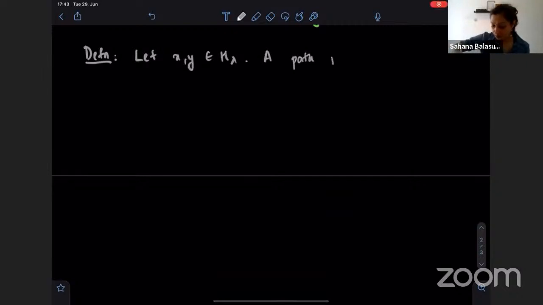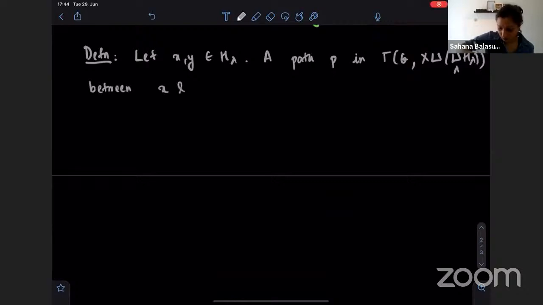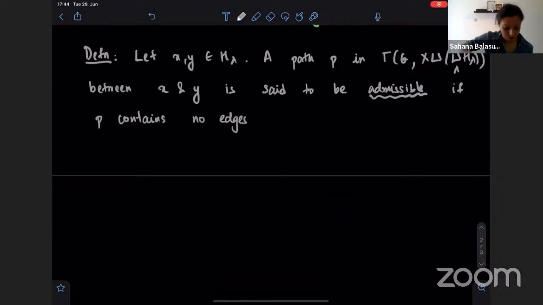A path P in our ambient space between X and Y is said to be admissible if P contains no edges from this particular complete subgraph.